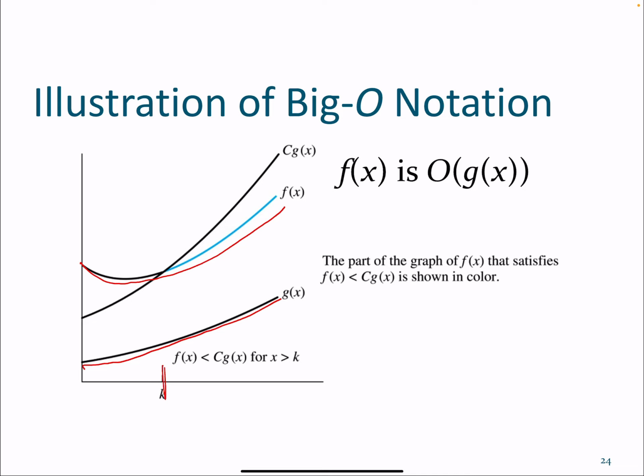If we can find a certain number k such that for x greater than k, f(x) is smaller than c g(x), because c is a constant and c times g(x) will not change the growth of the function. After x is greater than k, f(x) is smaller than c g(x), so this part is always greater than f(x). Therefore, you can see that the growth of g(x) dominates the growth of f(x).